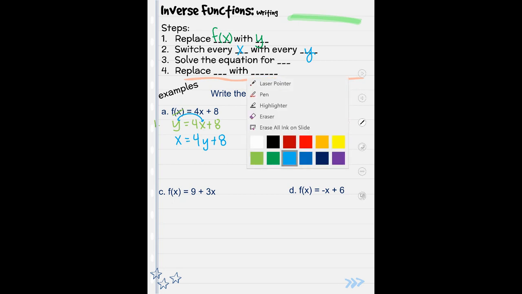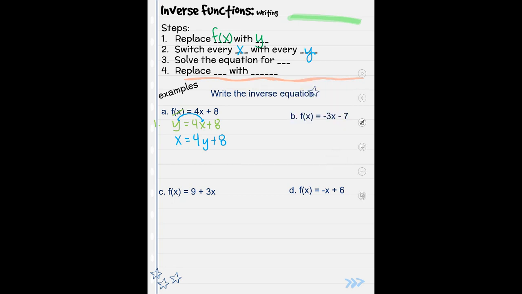Now, this is the tricky part. Solve the equation for y. So, right now we have the equation solved for x. We have an x equals. Now we need to get it back into y equals based on this new equation we have here. So that means that we need to get y on one side by itself. And we know how to do all of that.